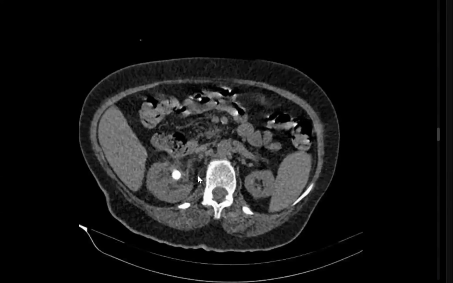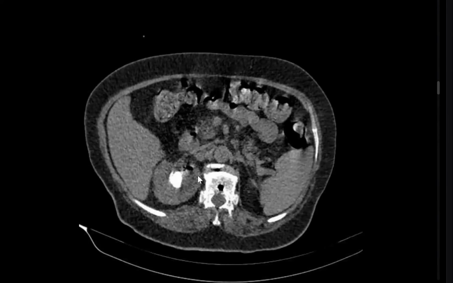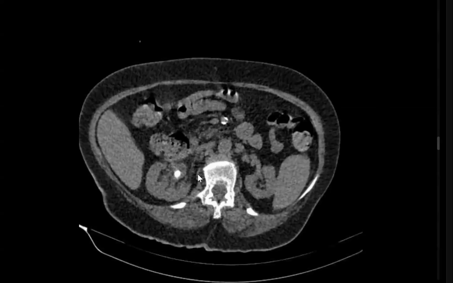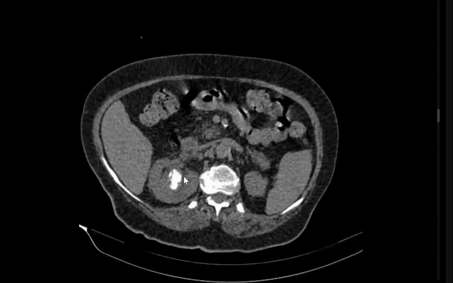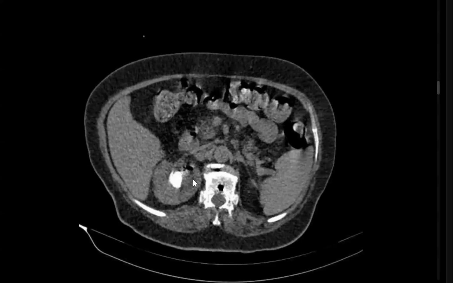Yes, the differential here may be xanthogranulomatous pyelonephritis with an obstructing stone, but it will not show any air within the parenchyma. It will show fatty changes. How to differentiate air from fat? On lung window, and I can assess the Hounsfield unit.